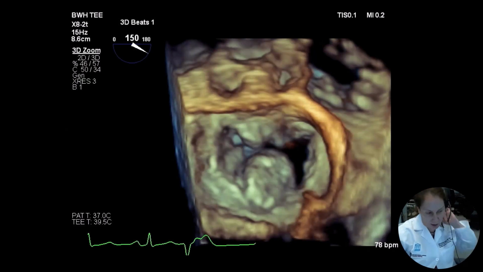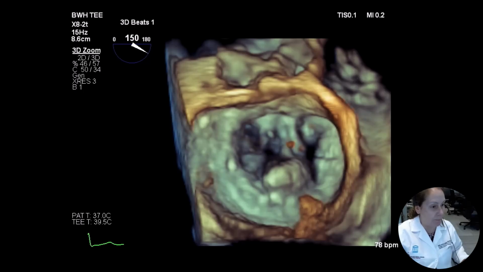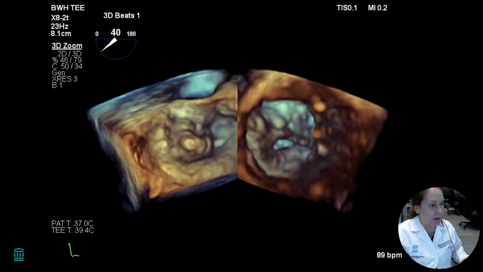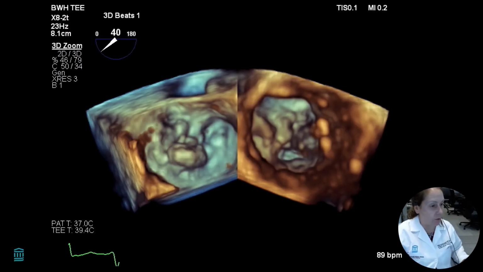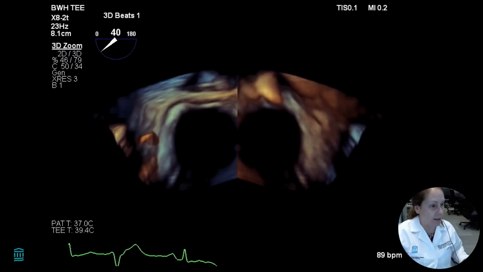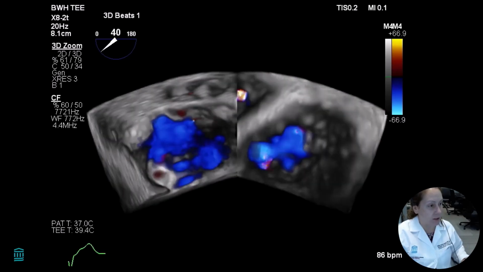And this is the 3D, where you will see that there is this posterior P2 prolapse. Then we always do the dual view that will give you the atrial and ventricular component in order to exclude any indentations or any clefts, and of course to see the extent of calcification.